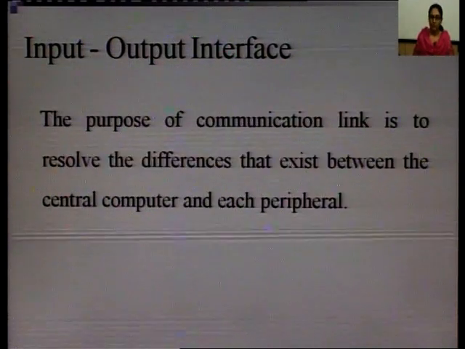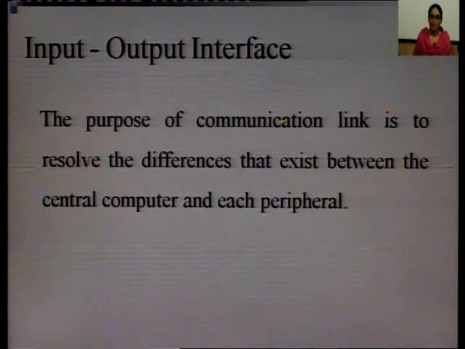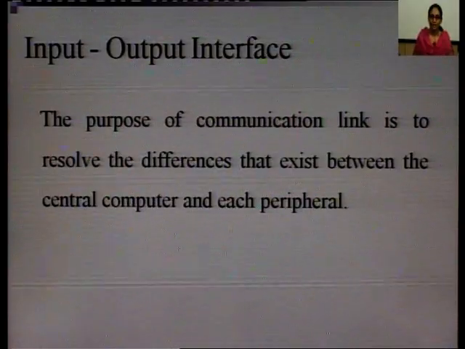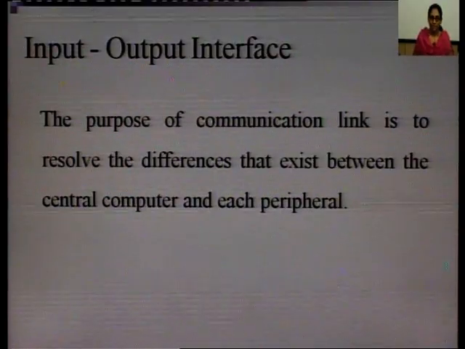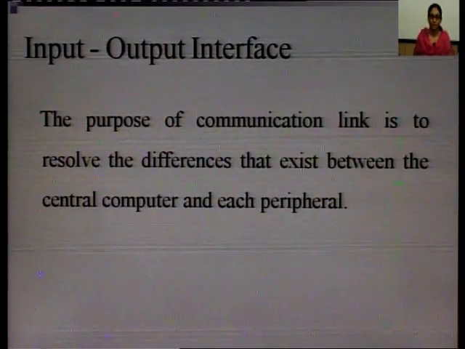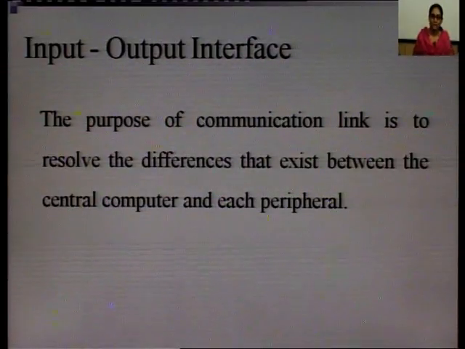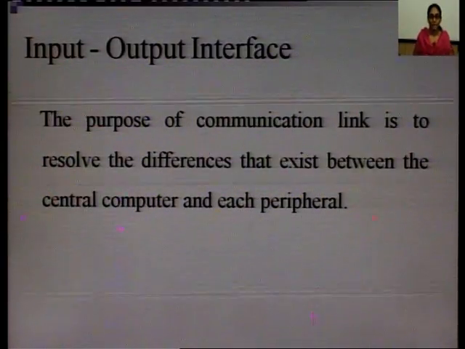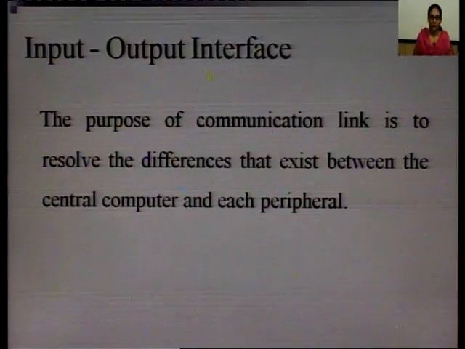So interface unit is basically the device which is used to connect the computer system processor and the peripheral devices, because there are a lot of differences between the peripheral devices and the computer system. So the purpose of communication is to resolve the differences that exist between the central computer and the peripheral devices.